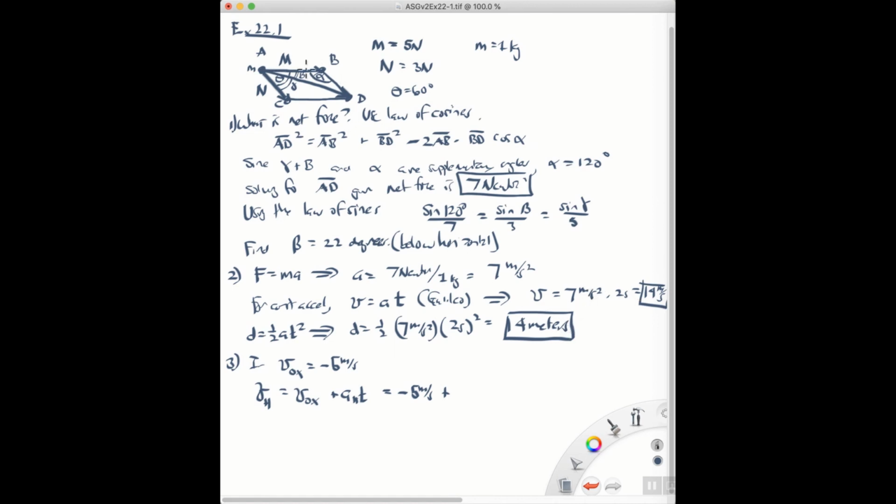To figure out the horizontal component, we use 7 meters per second squared times cosine of our 22 degrees. Using trigonometry, this beta was 22 degrees, so 7 times cosine of 22. That would be the horizontal acceleration, and then the time would be 2 seconds. And so the horizontal speed after 2 seconds is going to be 8 meters per second.